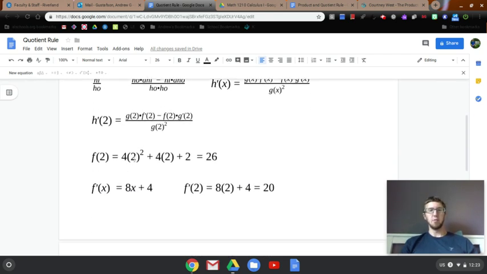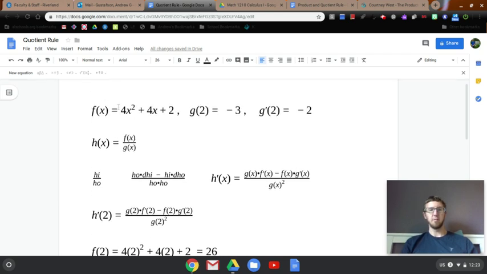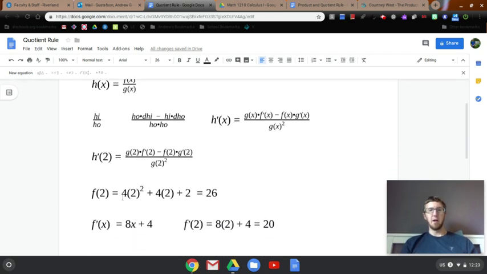If I plug 2 into this function f of x, I've got 4 times 2 squared plus 4 times 2 plus 2, which should work out to 26. So 4 times 4 is 16, plus 8 is 24, plus 2 is 26. Then the derivative of f.